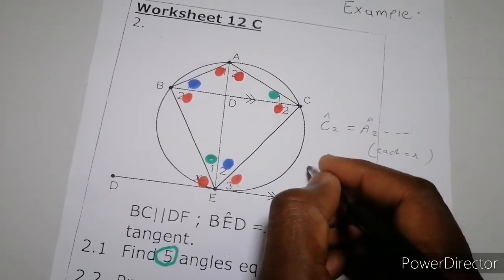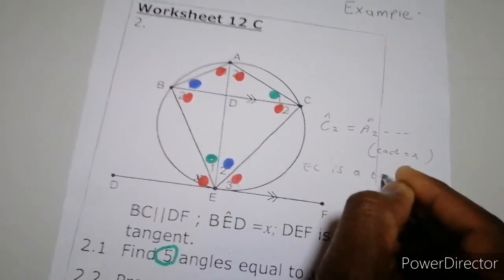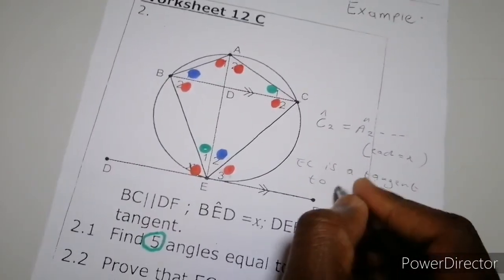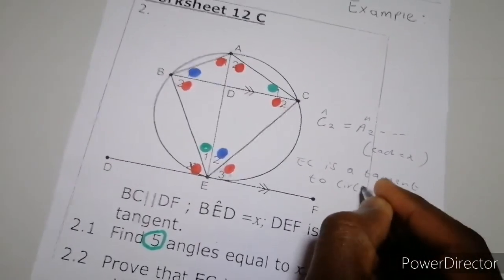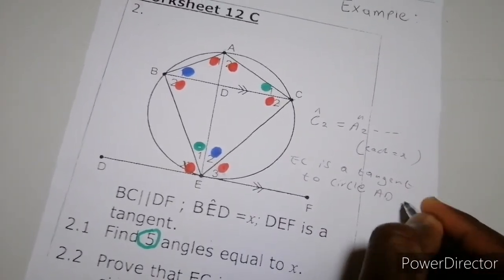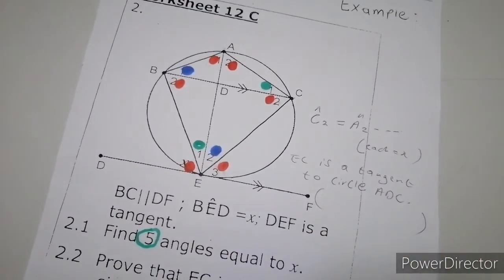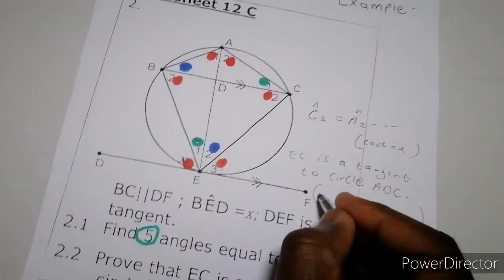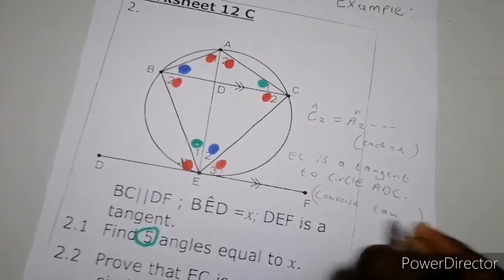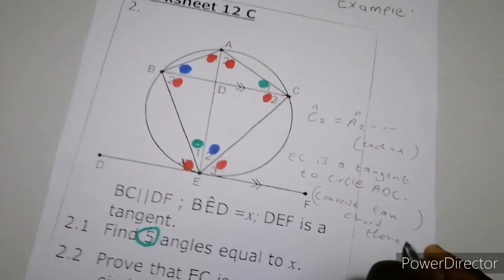Now, we conclude by saying, therefore, EC is a tangent to a circle ADC. What is the reason? Converse Tarncourt theorem. We are done.